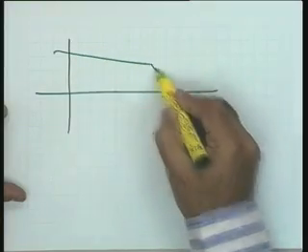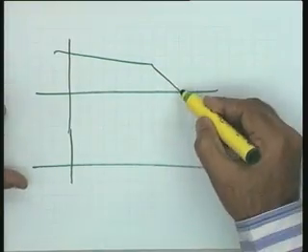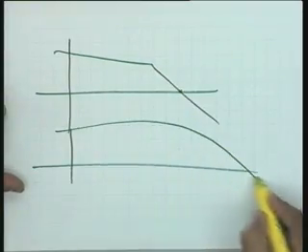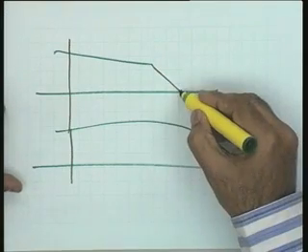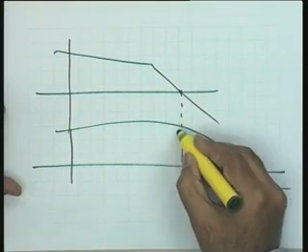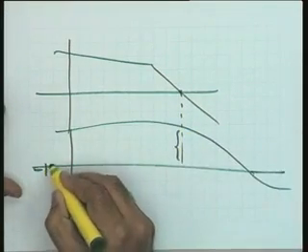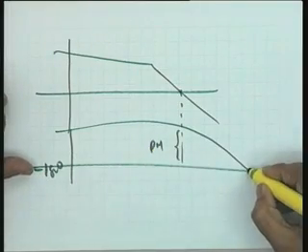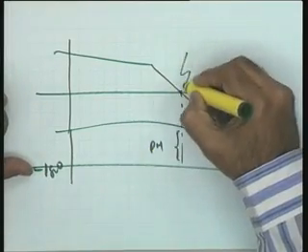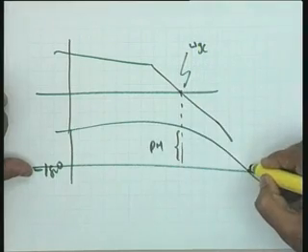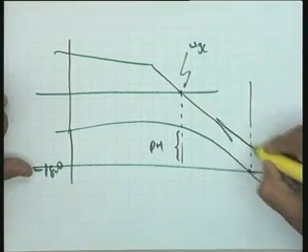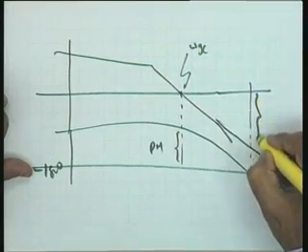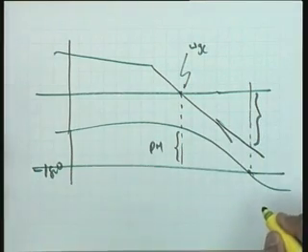For a stable system, let me take this as this point. For a stable system, let me take a sketch of this form. This is your phase margin, which is positive. If I take this as minus 180 degrees, this is a positive phase margin, and this is the gain crossover frequency, an important parameter, and here if I take this value of dB, this is your gain margin, which is positive.